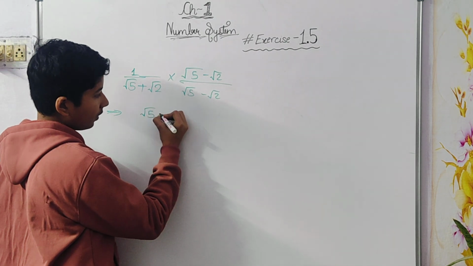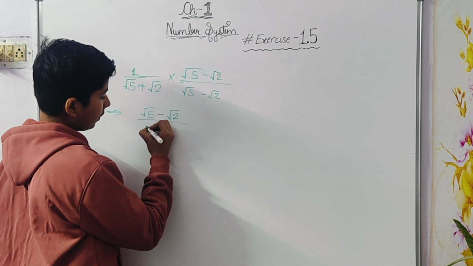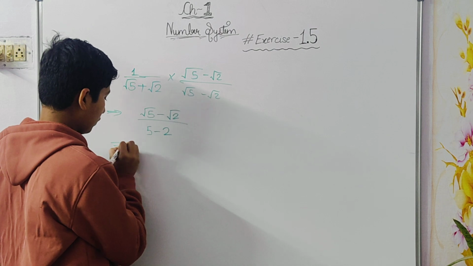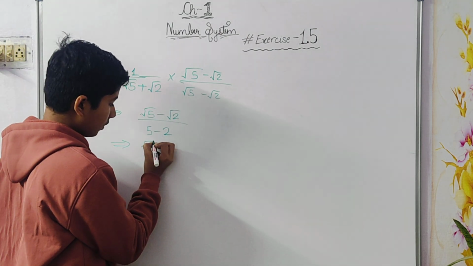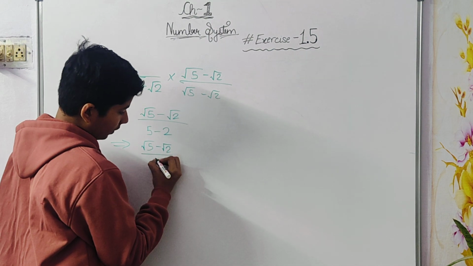Root 5 minus root 2 upon 5 minus 2, which will be root 5 minus root 2 upon 3.